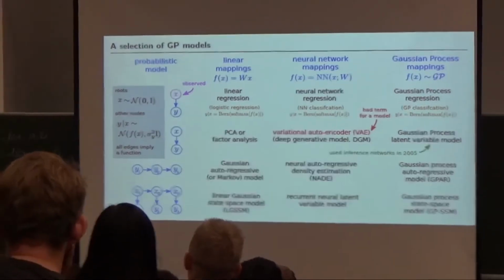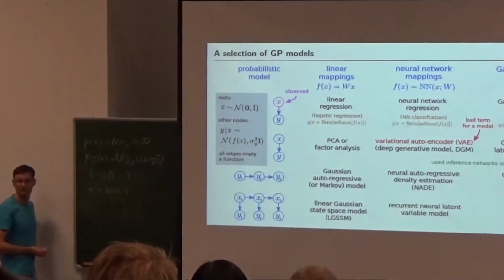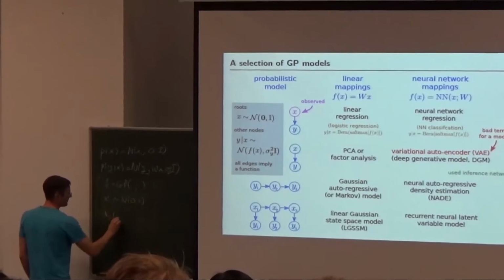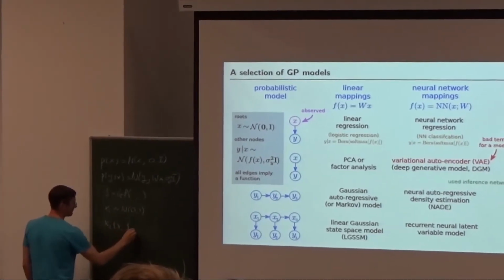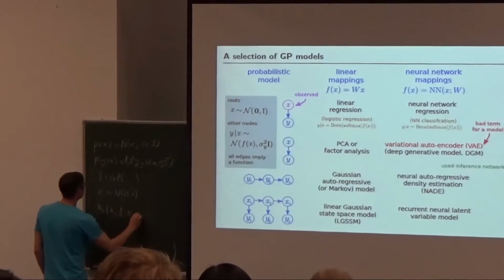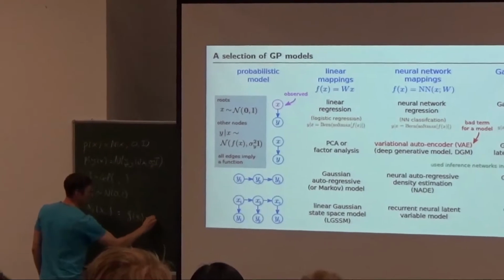You generate x1 from a Gaussian distribution. You can now generate x2 given x1 and f by just taking f of x1 plus noise.